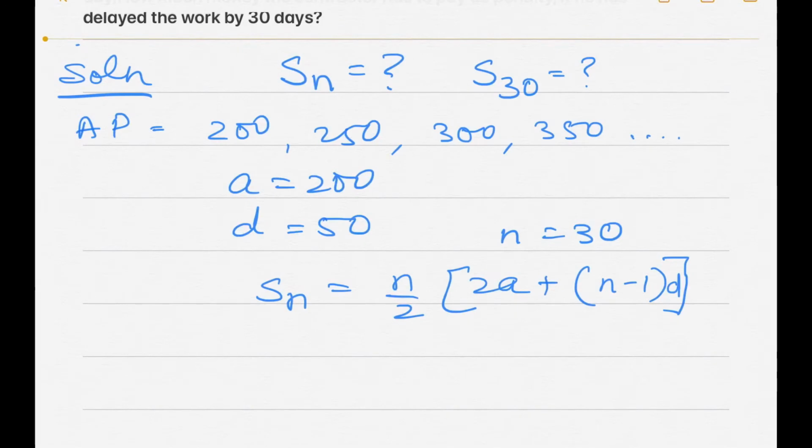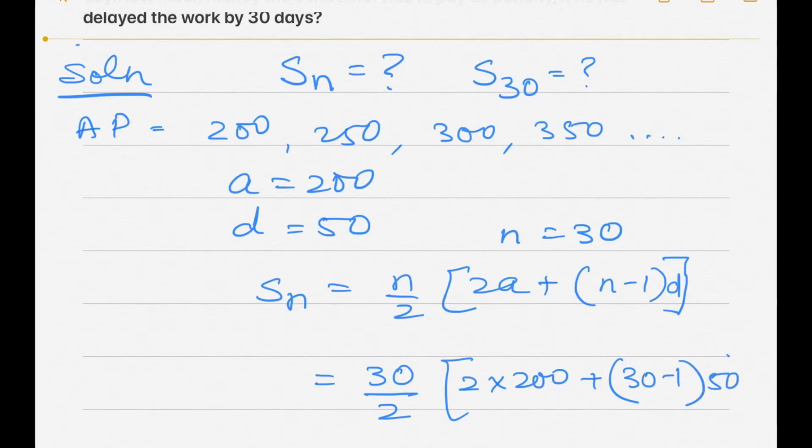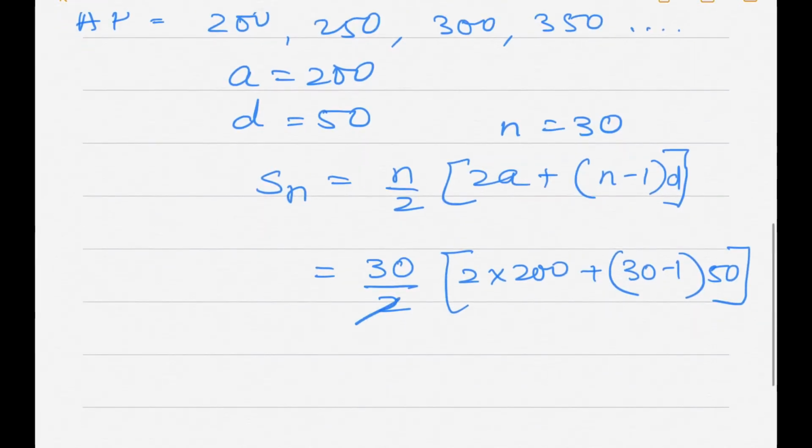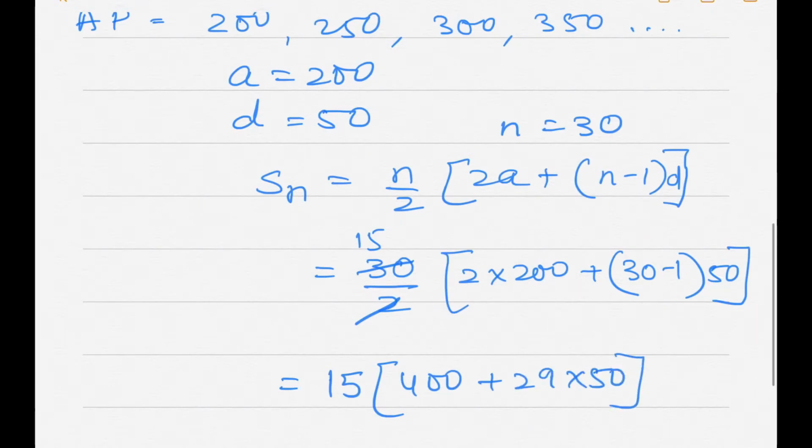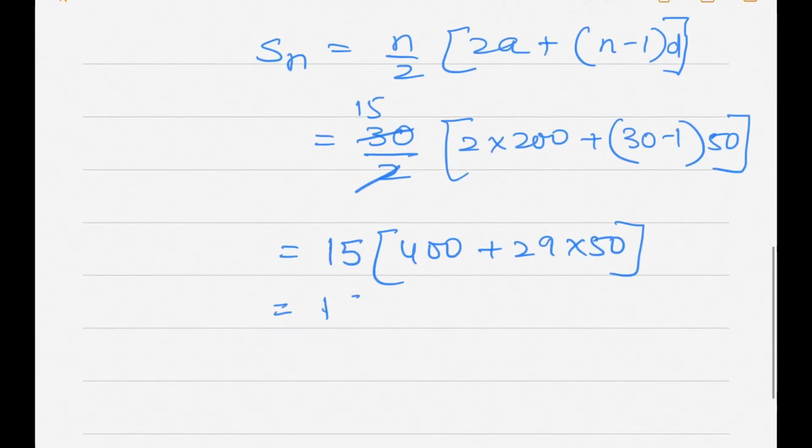Okay, so now the sum of n terms I have to find out. n is 30 by 2, and 2 into a is 200, plus 30 minus 1 into my d, which is 50. Okay, so this becomes 15 outside, and this becomes 400 plus 29 into 50. So now this is 15 into 400 plus 1450.